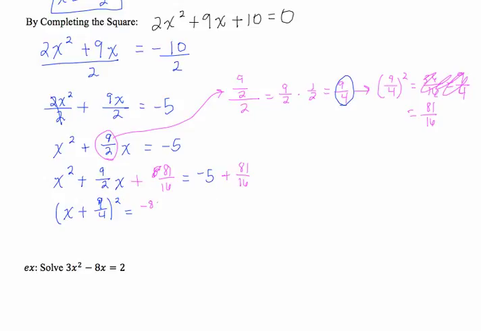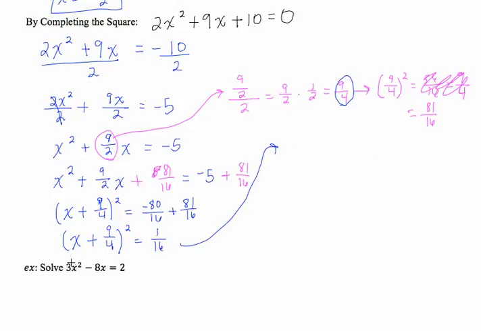So I'm rewriting that as negative 80 over 16, plus 81 over 16. So we have x plus 9/4 all squared equals negative 80 plus 81, that's 1, so 1/16.